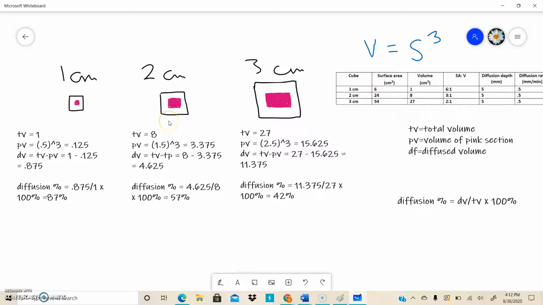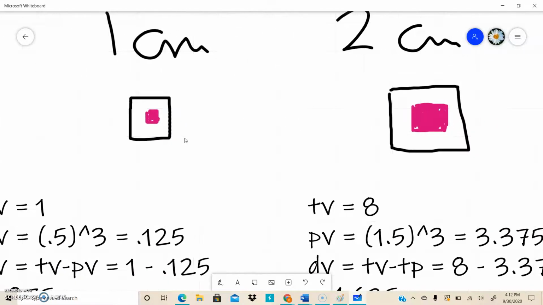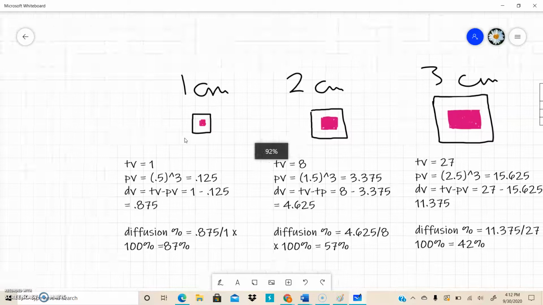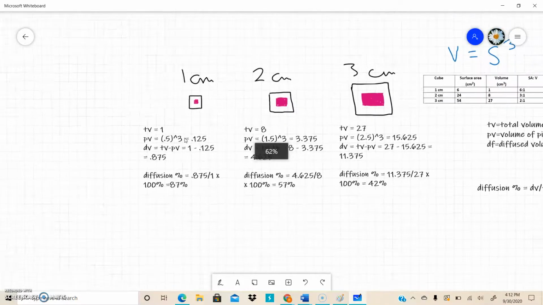I believe that most of you did get the diffusion depth to be 5 millimeters per cube. Some of you may have had complete clarity or no pink section left in the smallest cell. However, you are still to only measure from this edge to this point, and that should still be around 5 millimeters. Again, if it was 4 or 6, that's perfectly acceptable because that is how your experiment specifically worked.